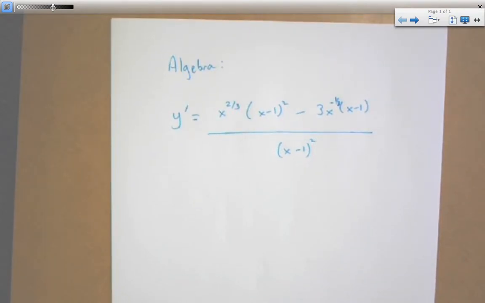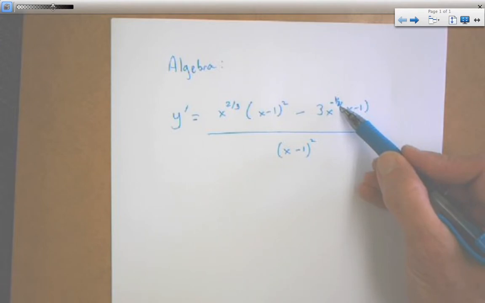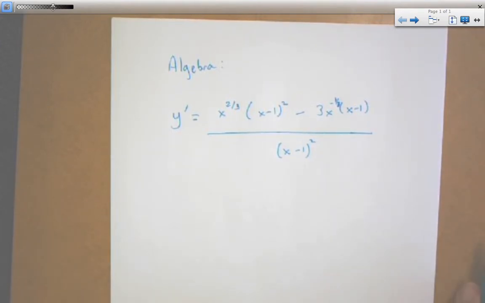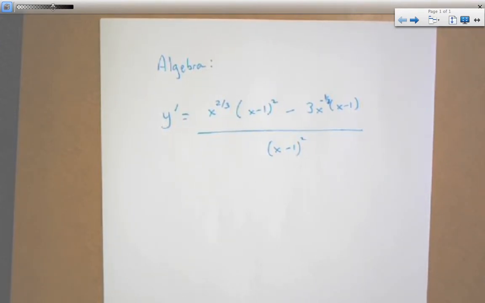You're going to need to simplify this expression. That's the exponent of negative 1/3. To simplify this expression, you look for common terms. It so happens there are two sets of common terms in this expression. I'm going to factor out each common term.